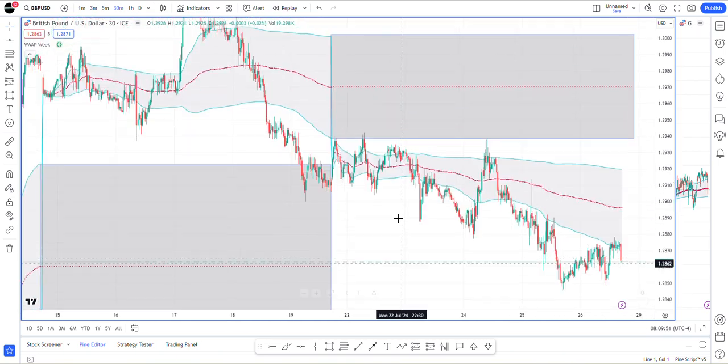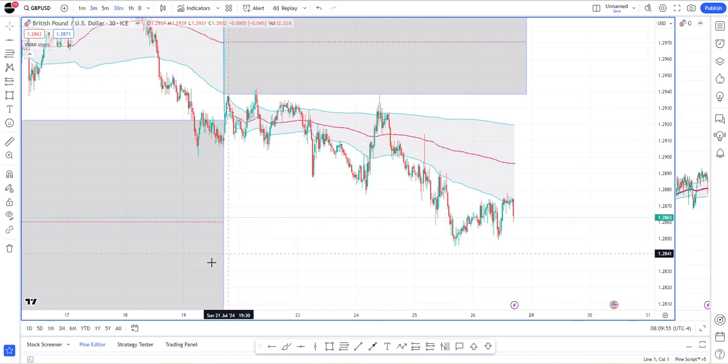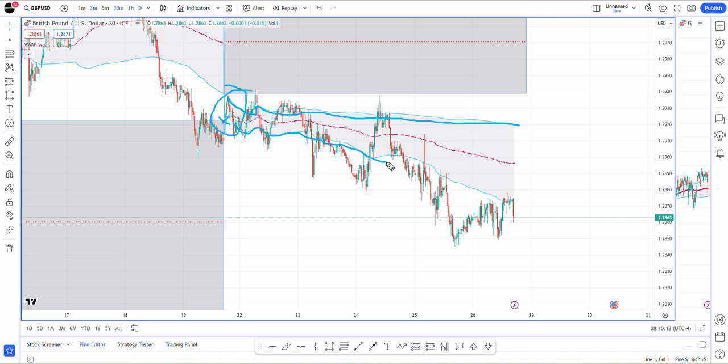So we've got the area of VWAP from the week that passed. This area is where it opened, and the blue line is one standard deviation.